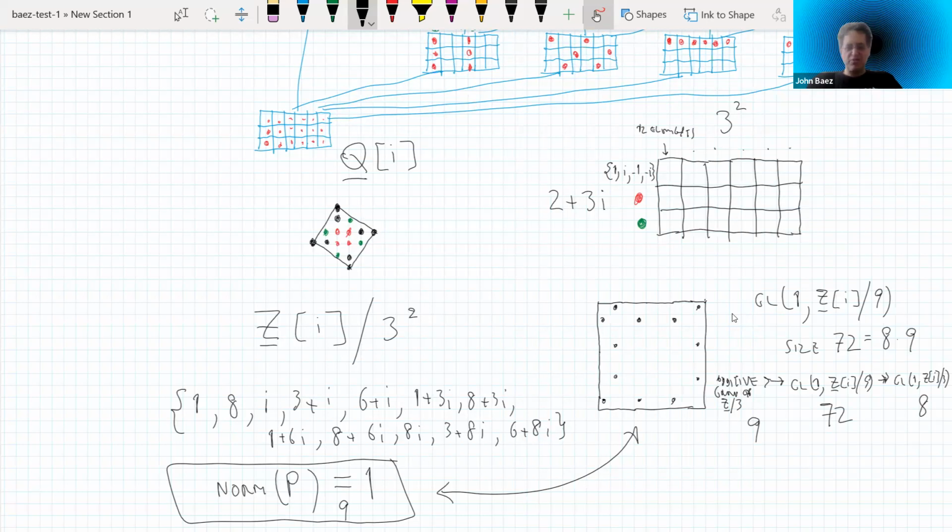If you've got an extension field of an algebraic number field, is there some kind of norm that you can take of a guy in the extension that takes values in the algebraic number field? My understanding is yes.